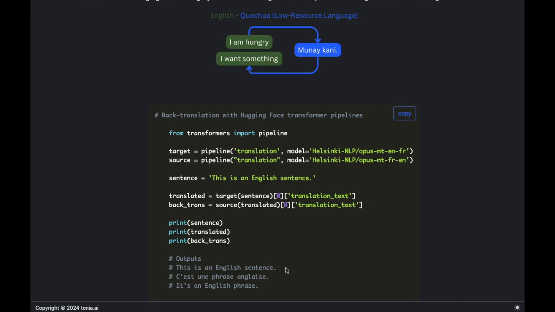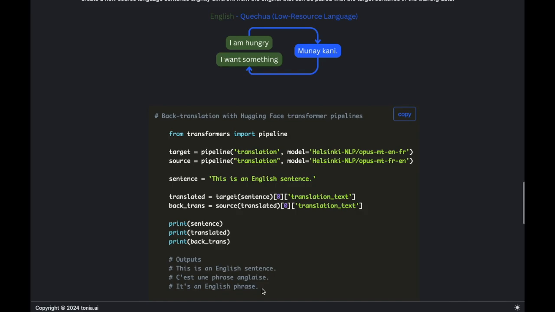So this is an English sentence and it's an English phrase are similar sentences. They convey the same meaning, but they are syntactically different. So now in our training data, we have the alignment of this English sentence with this French sentence, and then a second data point where we have an alignment of this English sentence with this French sentence.